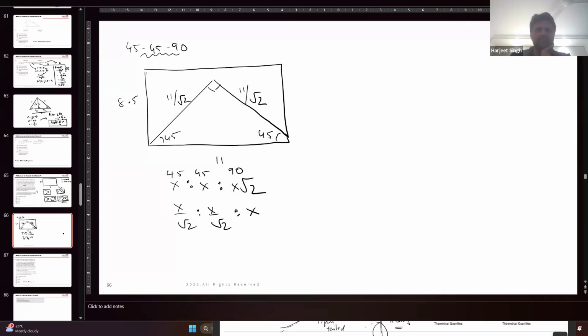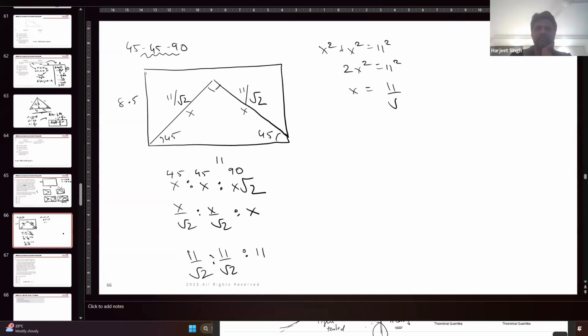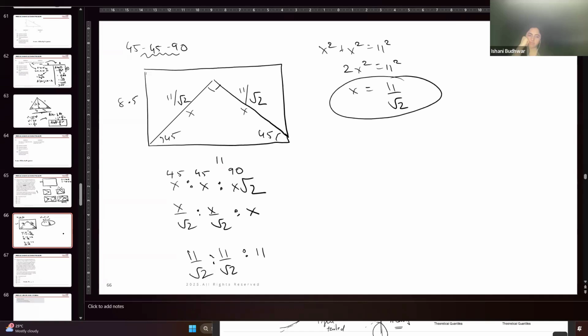So we know x is 11, and hence the other two sides will be 11 by root 2 each. Also, you can use the Pythagoras theorem. So you can write x square plus x square is equal to 11 square. So 2x square is equal to 11 square. So x is equal to 11 by root 2. Whatever is convenient.